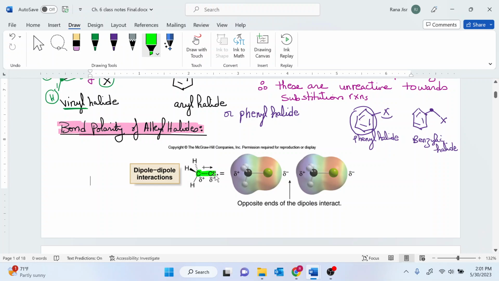The reason why it's polar is the difference in electronegativity between the carbon and the halogen. Look at the electronic map in here, it just shows how the electron flows. The red region shows that this atom is electron rich, and the blue region shows that the carbon is electron poor.